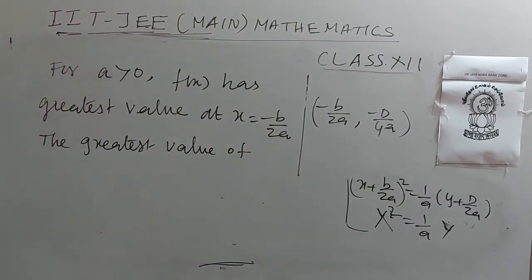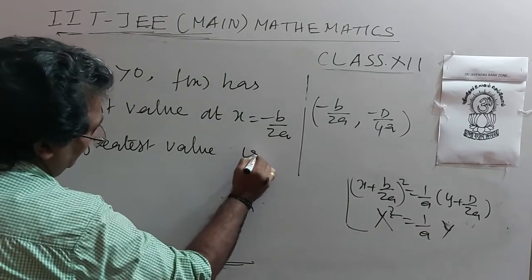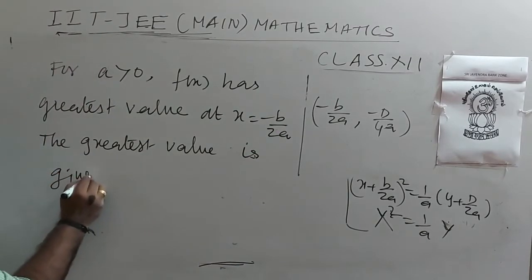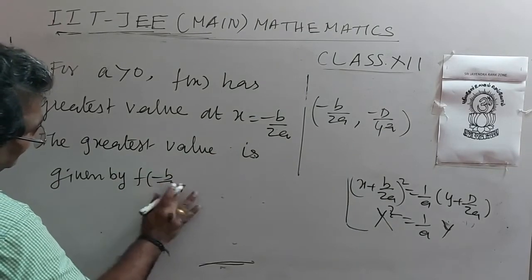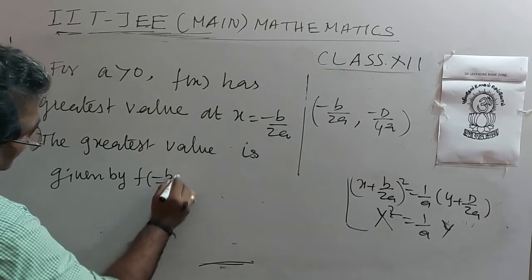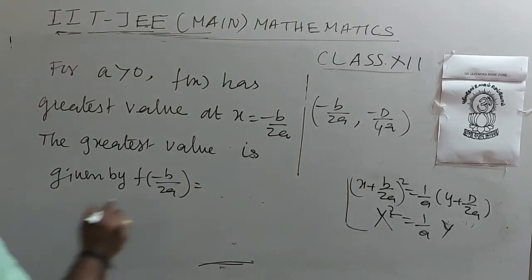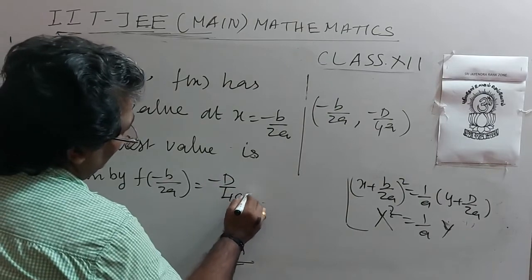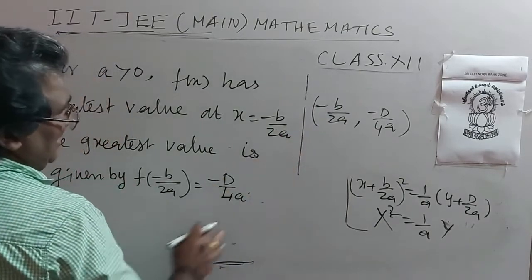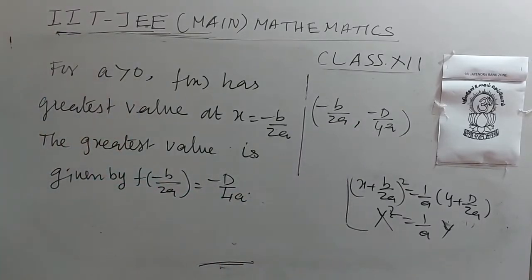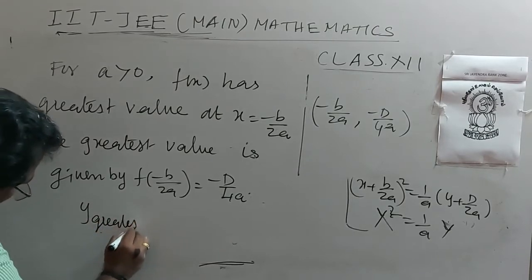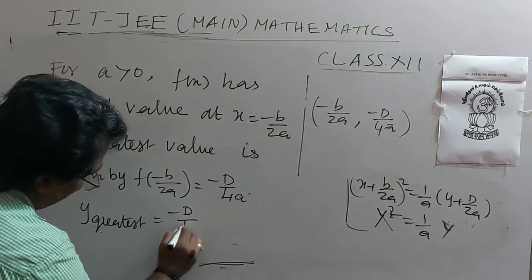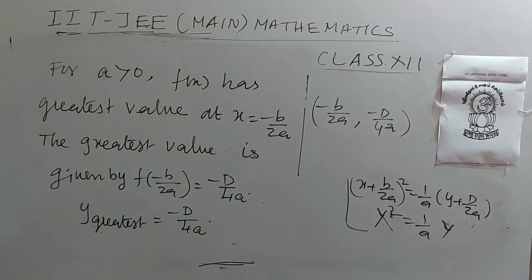The greatest value is given by f of minus b by 2a, which equals minus D by 4a. So the greatest value will be minus D by 4a.